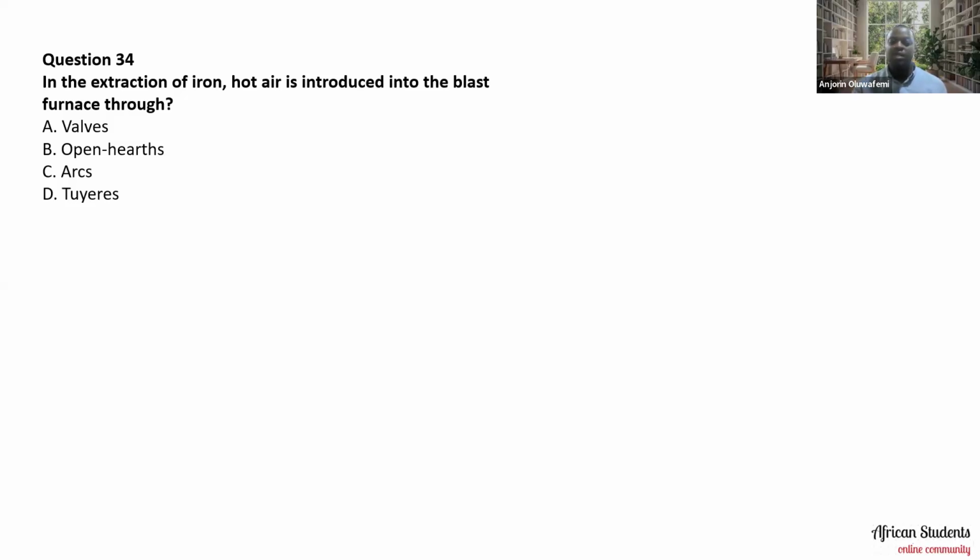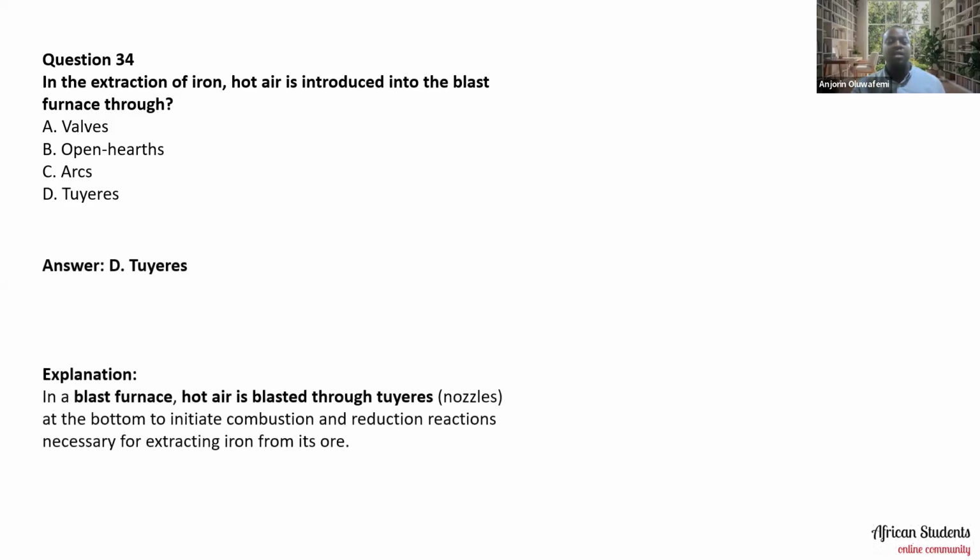And the answer to this is tuyères. And what is it? It is basically in the blast furnace, hot air is blasted through tuyères, and those are just nozzles actually at the bottom to initiate combustion and reduction reactions necessary for extracting iron from its ore.